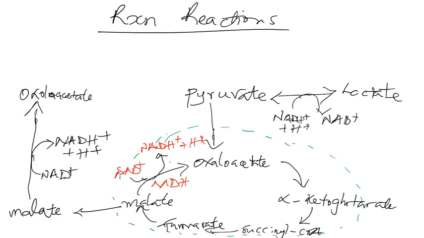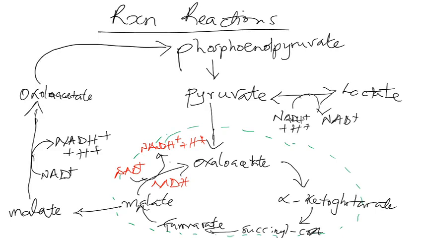The oxaloacetate is then converted to phosphoenolpyruvate via a reaction catalyzed by another enzyme, which is phosphoenolpyruvate carboxykinase.